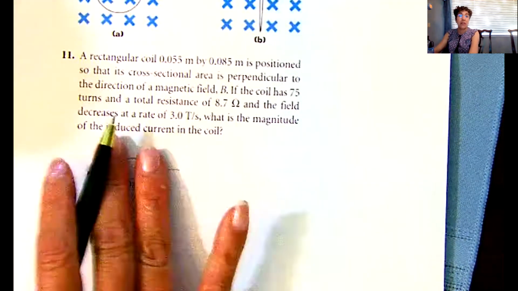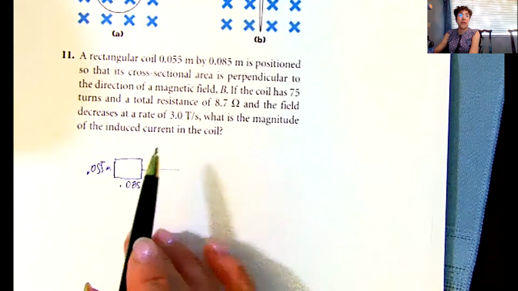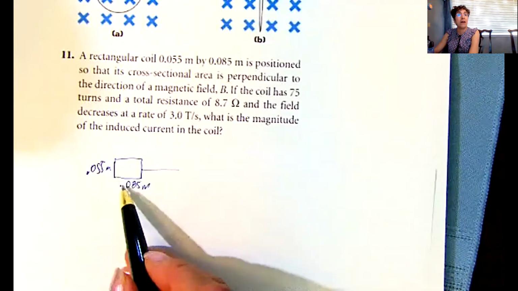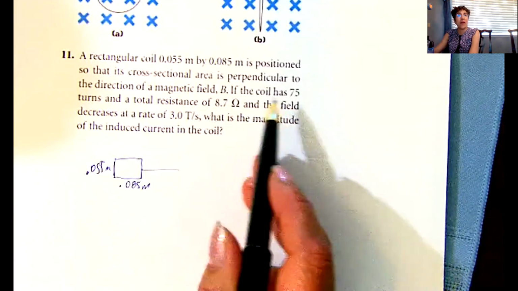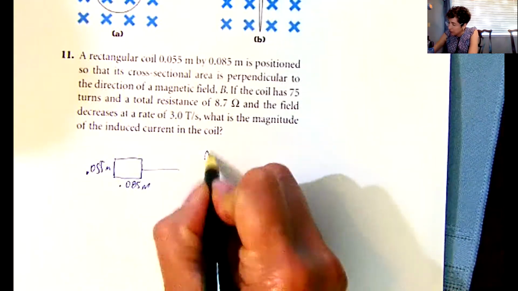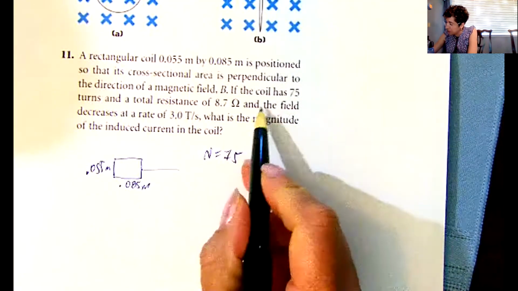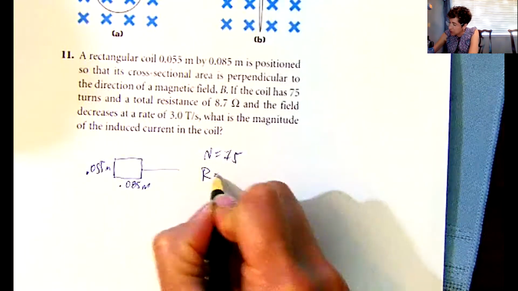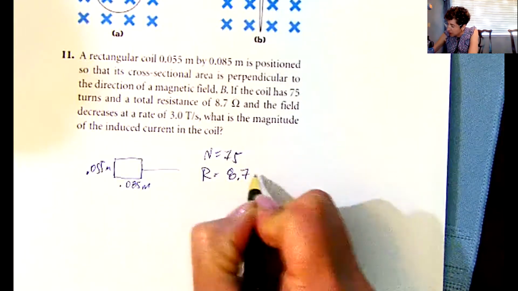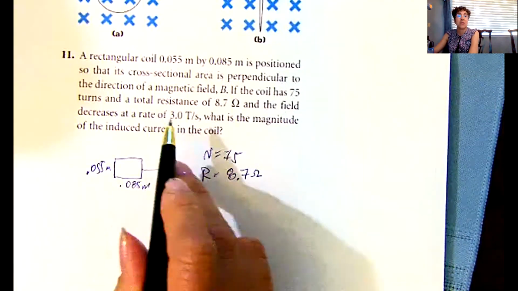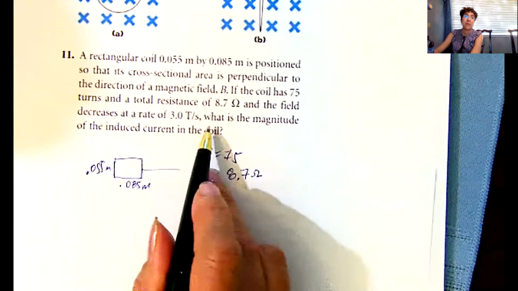So if I've got it flat on the paper, the field must be sticking up or sticking down. Okay, so that's my coil, and it says if the coil has 75 turns, so there's going to be 75 of those. So N is 75, and a total resistance of 8.7 ohms, and the field decreases at a rate of 3.0 Tesla per second.